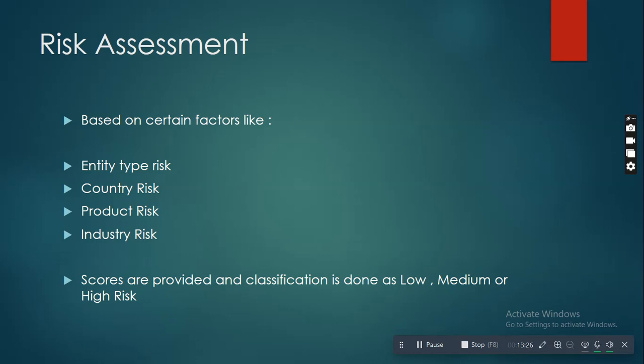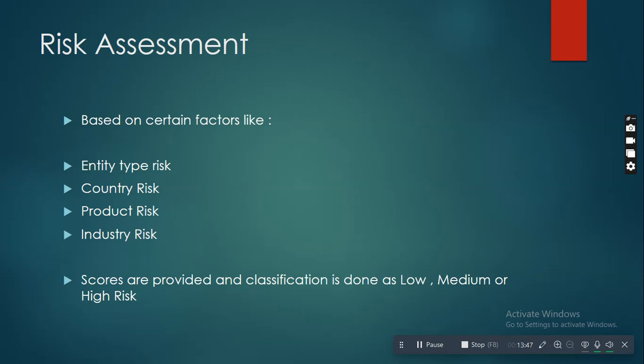Based on this, the financial organization will classify these entities or clients into a few categories. This is known as the risk assessment phase, in which the classification is done.